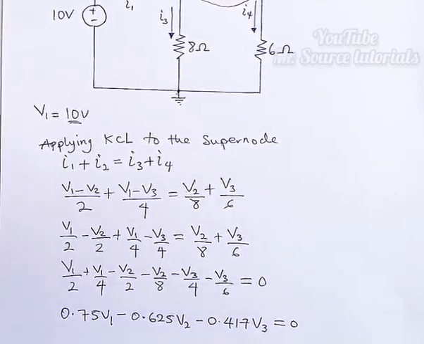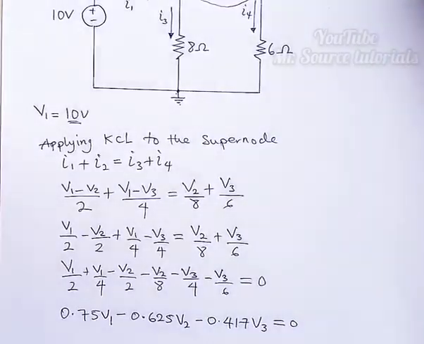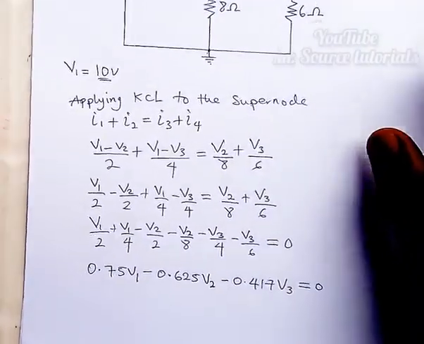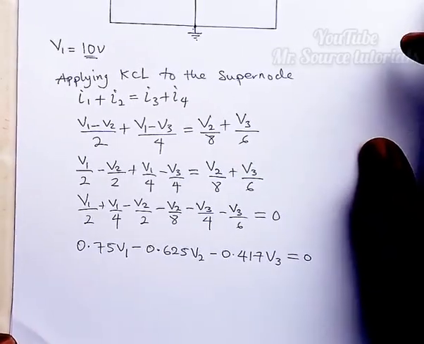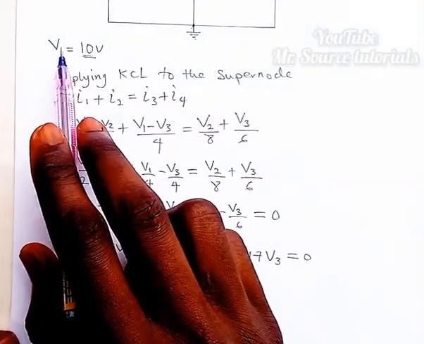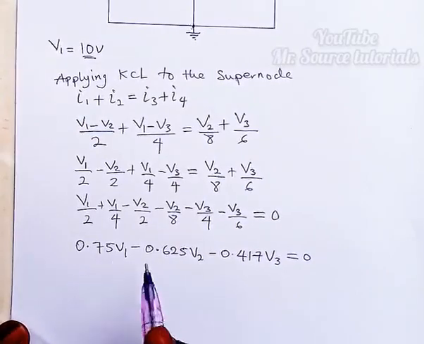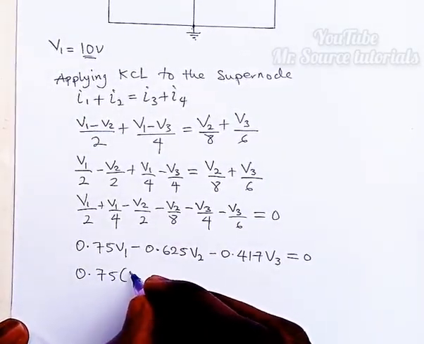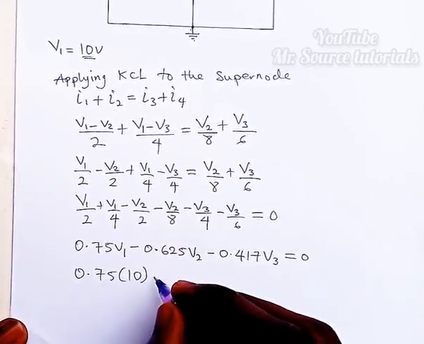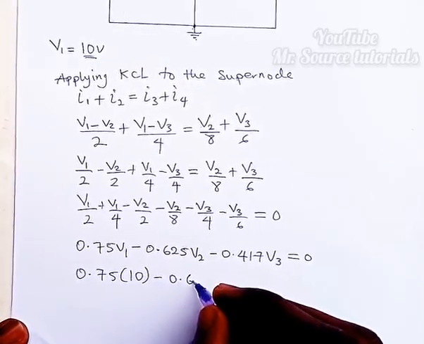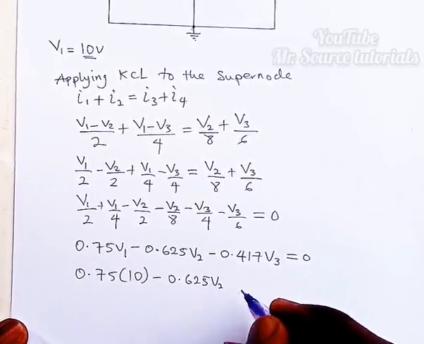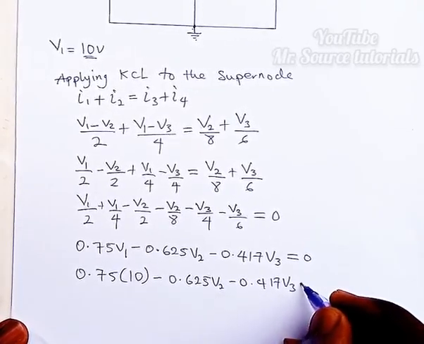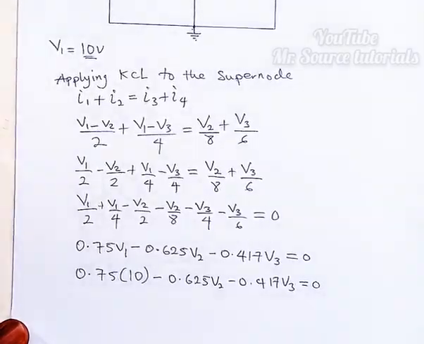But recall that our V1 was equal to 10, which is what we have here. So putting in the value of V1, you are going to have 0.75 times 10 minus 0.625 V2 minus 0.417 V3 equals 0.